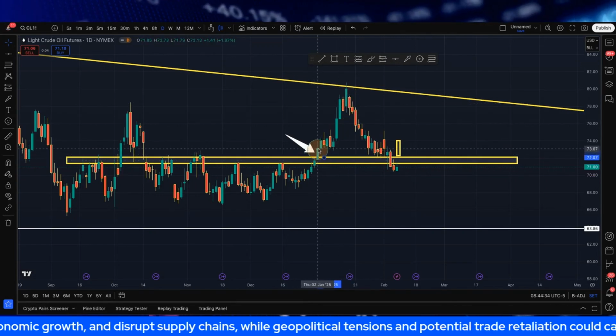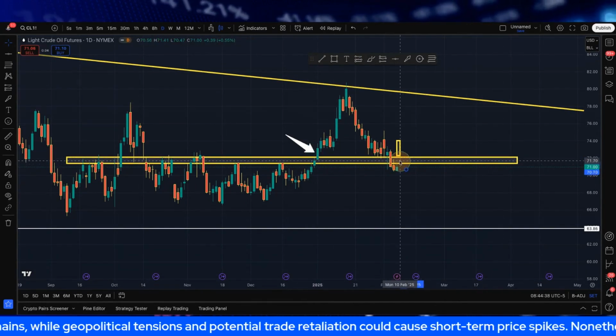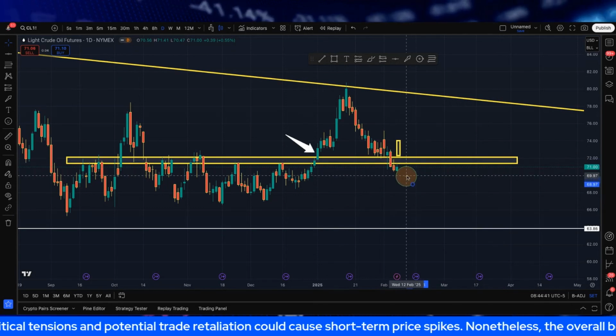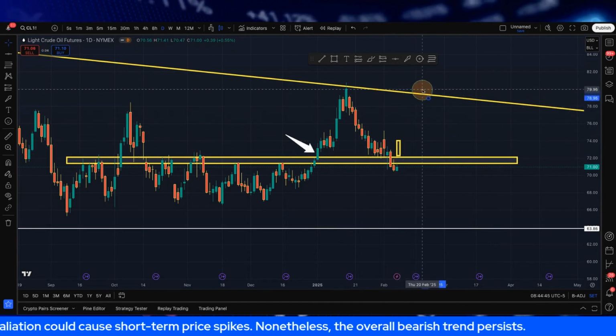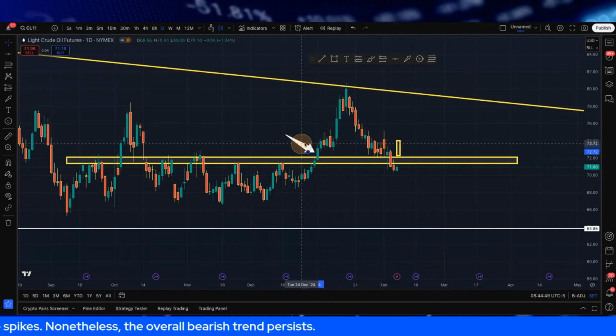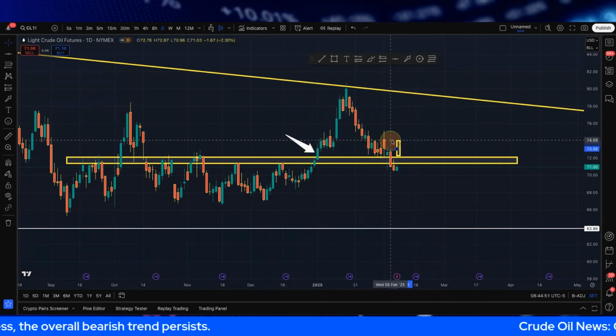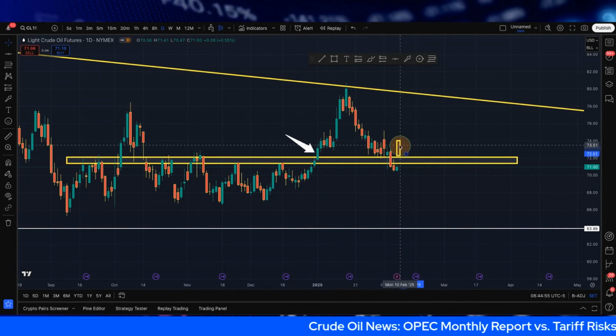If we do not get an 8-hour candle to close above this level right here, then price will possibly stay bearish. This needs to happen if you're into swinging a long position to the upside. So this is for the long traders. I would not go long on anything long term unless I saw this price action.